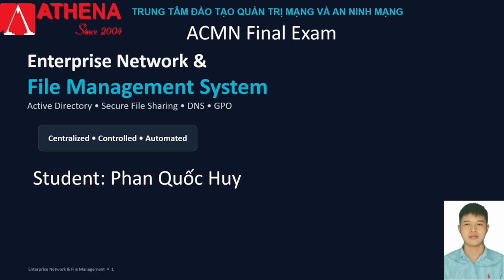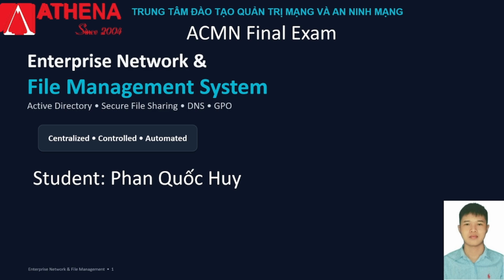Good everyone. Imagine a company with many employees, different departments, and a large amount of data. Now imagine having to manage every user, every computer, and every file manually. That's so difficult, right? That is the problem our project aims to solve.